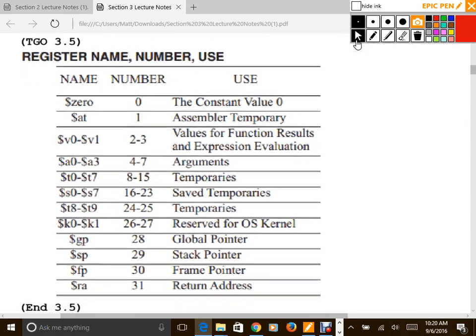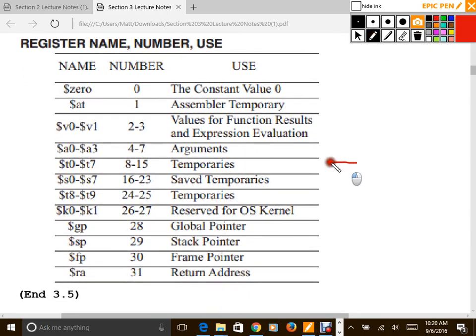So these are for functions. So 8 through 15, T0 through T7, and we're going to see it again here, T8 through T9. In our function, we're going to do a lot of what's known as temporary values, because we can only add two values and store it in a register.